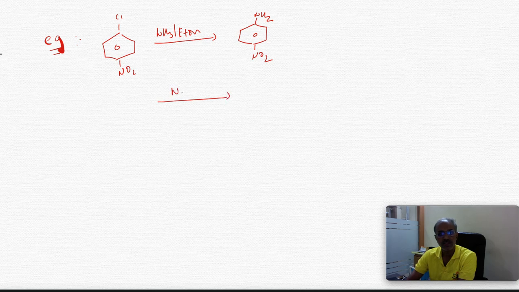That is done with NaOH. This is a polar protic solvent, and I have told you it has to be done in a polar aprotic solvent. Although the reaction takes place, it takes place at a very high temperature, 50 degrees. This one still takes place at a higher temperature, 200 degrees Celsius.